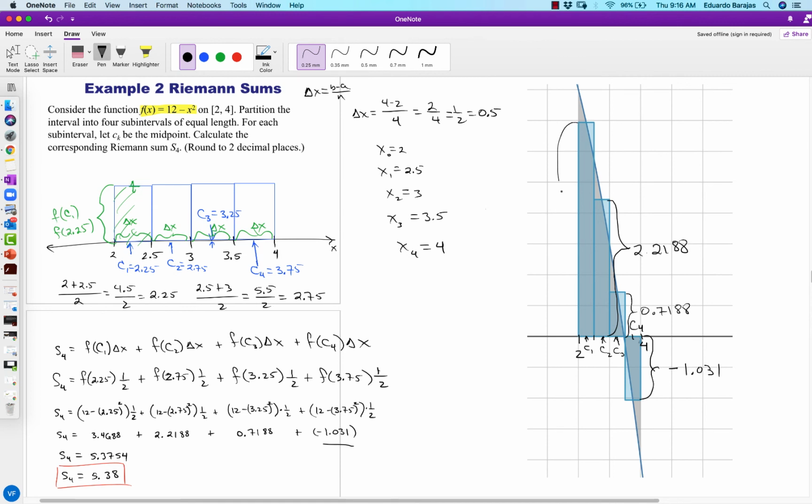And finally, this first one is the area of 3.4688. Okay, so if we add up all four blue rectangles, they add up to 5.38, which is our best estimate, the sum of the gray region above the x-axis minus the gray region below the x-axis.